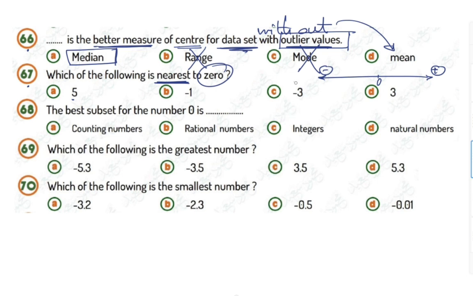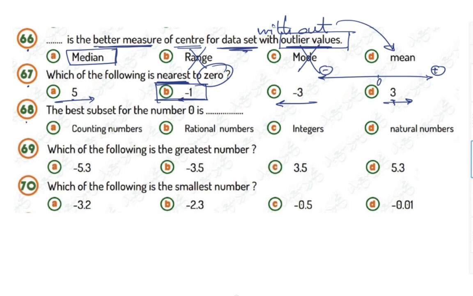Negative 3, 3 steps. 3 steps to the left, 5 steps to the right. But negative 1 is just 1 step to the left. So the nearest number to 0 is what? Is -1. Okay?